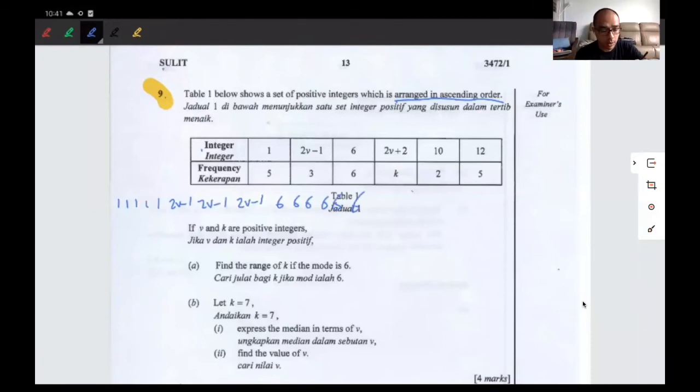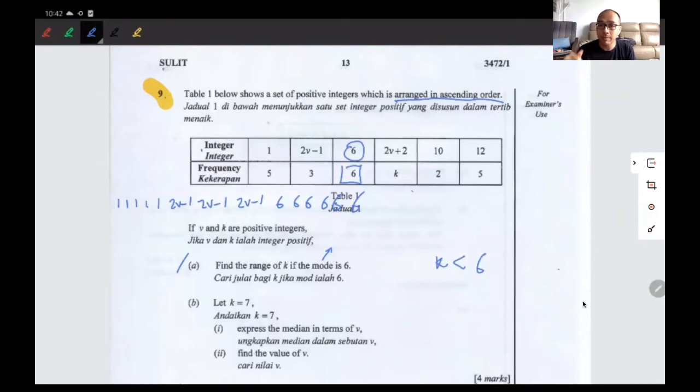Okay, so question A. Find the range of K if the mode is 6. What is the meaning of mode? Mode is the number that appears paling banyak kali. So obviously K has to be less than 6 lah. Cannot be more than 6 because if the mode is 6, means the frequency cannot be bigger than 6.